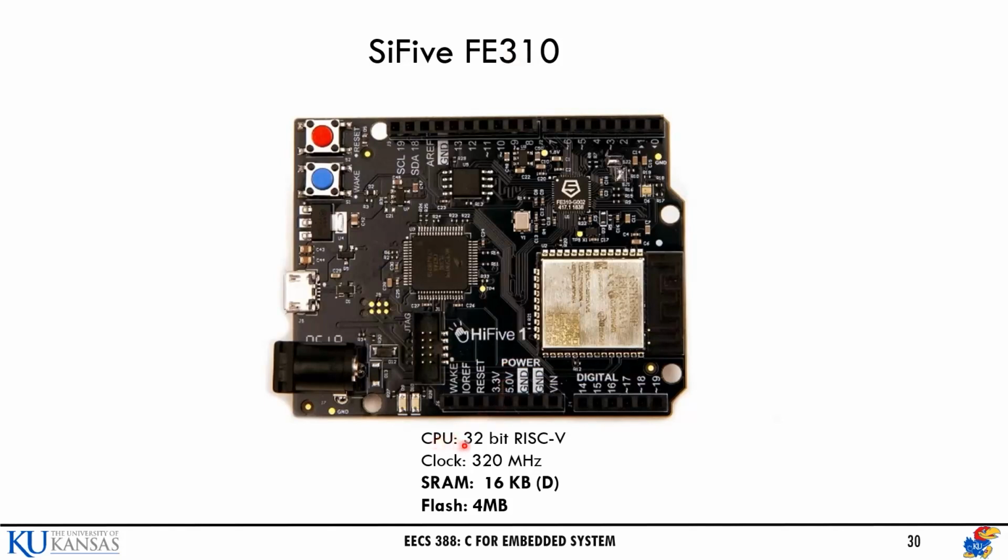The CPU is 32-bit RISC-V, and the maximum clock frequency we can achieve from this microcontroller is 320 megahertz. It also has the fastest RAM, SRAM of 16 kilobytes. As we know, SRAM is more expensive than flash memory, and the flash memory is only 4 megabytes.